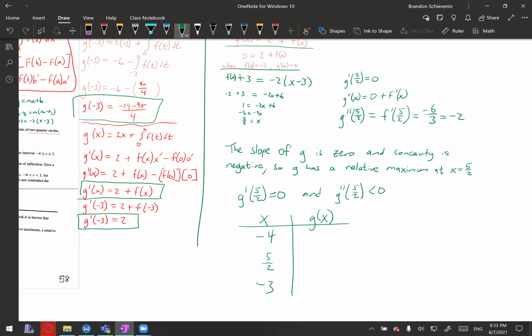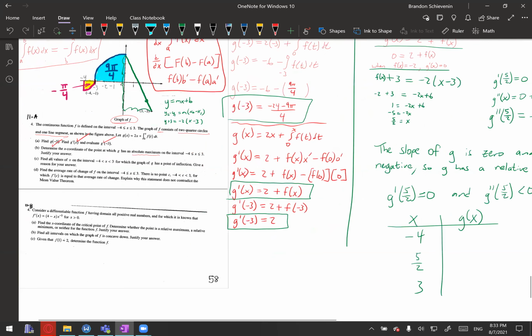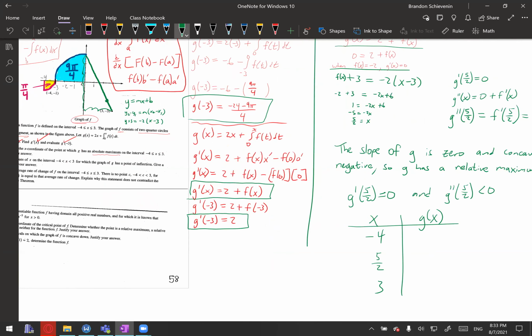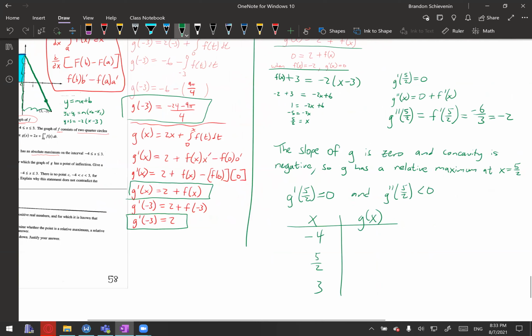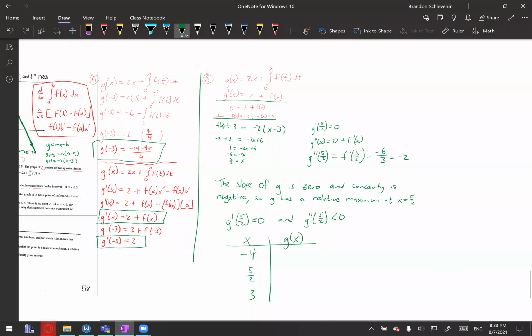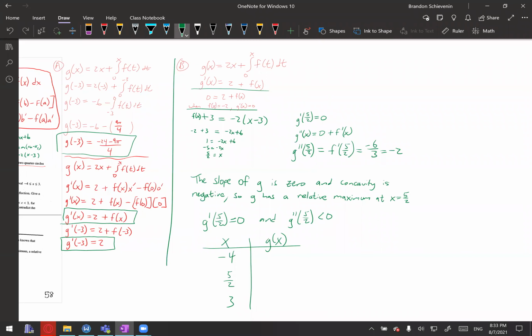Okay, so I'm going to plug -4, 5/2, and 3 into our g of x function. Oh, I didn't actually put that in g prime, so I need to plug all these in.